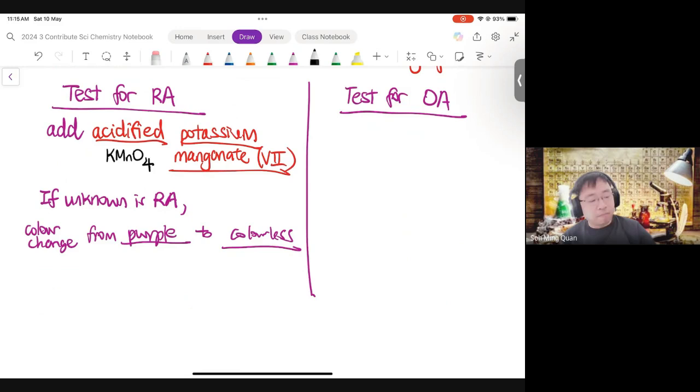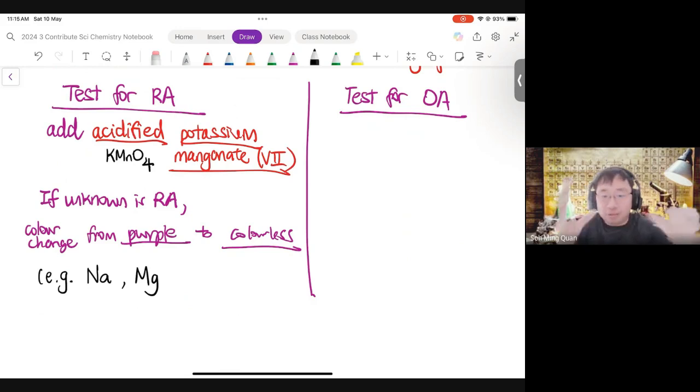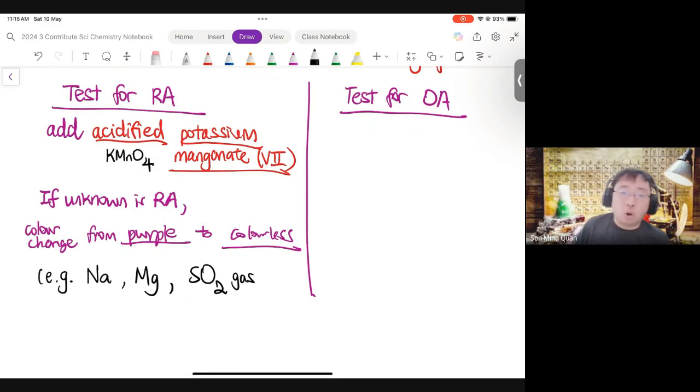Okay, so what are the common reducing agents we have? Metals are common reducing agents. For example, sodium metal, the metal itself. Magnesium metal, the metal itself, is a common reducing agent. Now, another common reducing agent that we use very often in the lab is actually a gas. Sulfur dioxide gas. SO2 gas is a reducing agent.